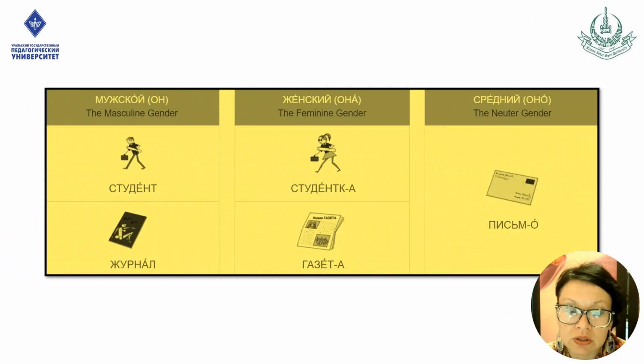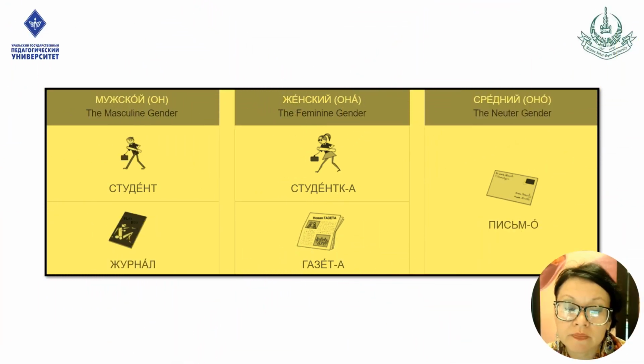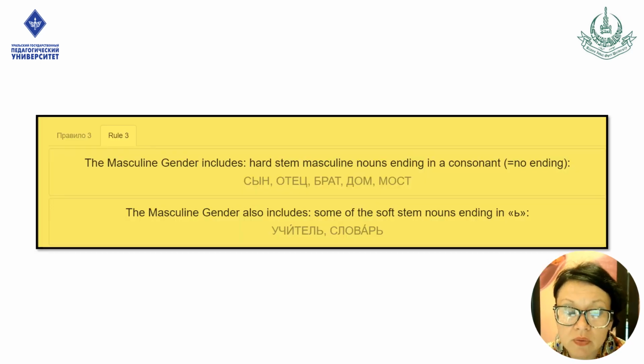So consonant endings correspond to masculine gender, а endings correspond to feminine gender, and о endings correspond to neutral gender. Right, so let us see the basic rules.